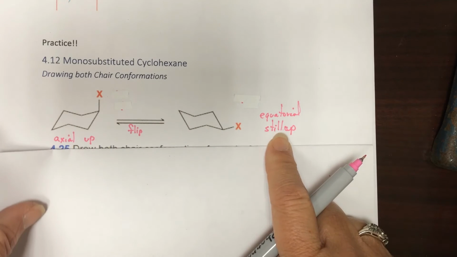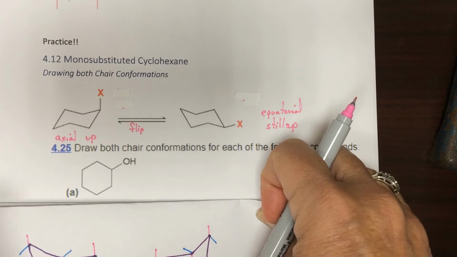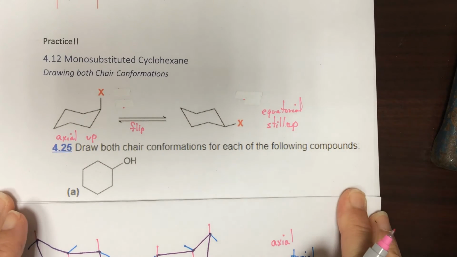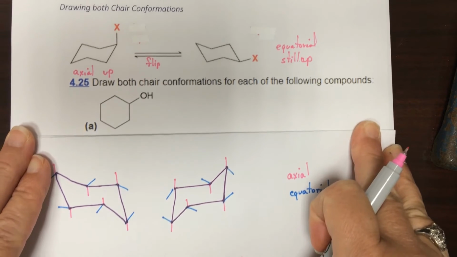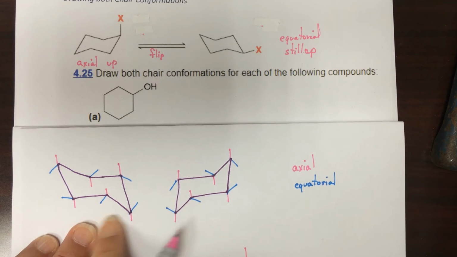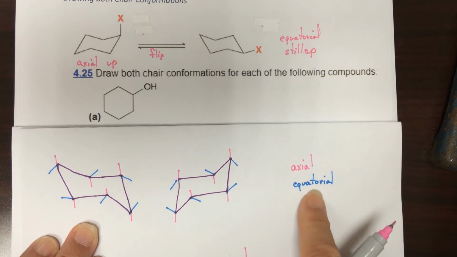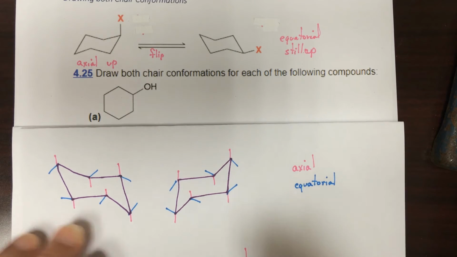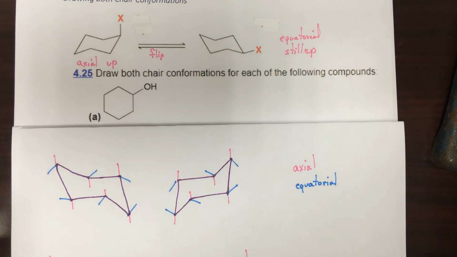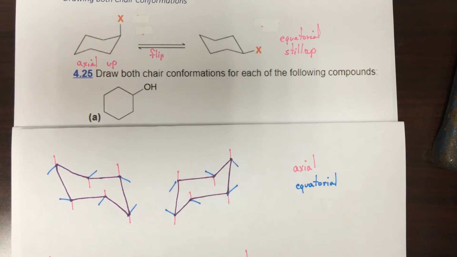So let's draw some of these. Draw both chair conformations for the following compound. So I've already drawn out the two chairs with all the positions. The axial is in pink, and the equatorial positions are in blue. So for the beginning, we can put this hydroxy any place we want on any of these substances. So let's just pick one.